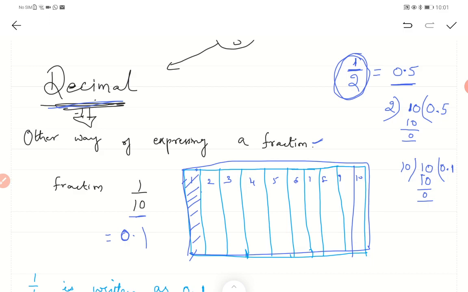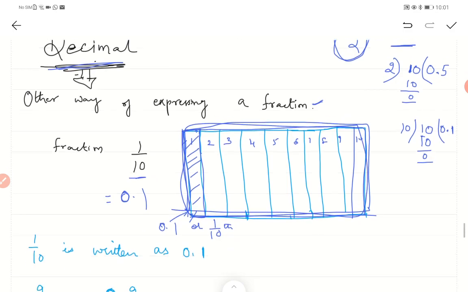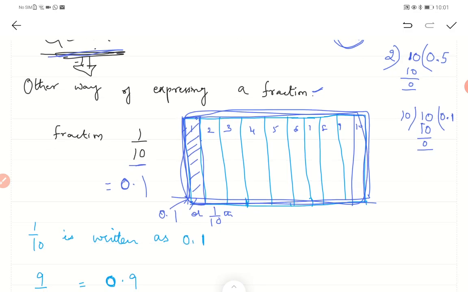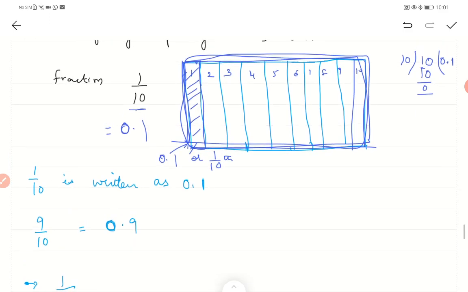Okay, so out of all these regions, this particular part is how much? It is 0.1. Okay, it represents 0.1, or you can say it is 1/10th part among this. All right, and so now, as I already have told you, 1 by 10 you can write as 0.1.